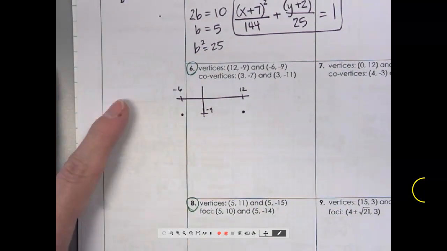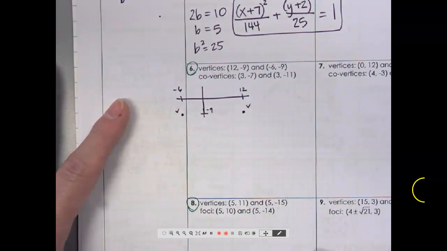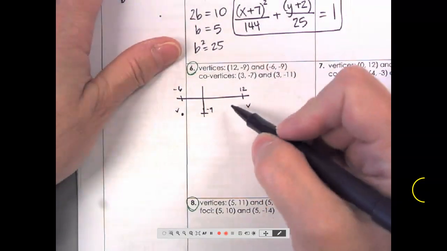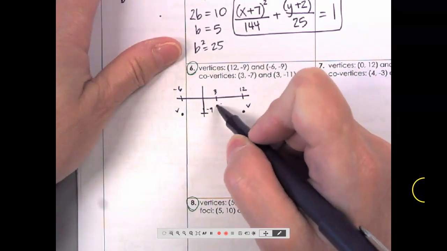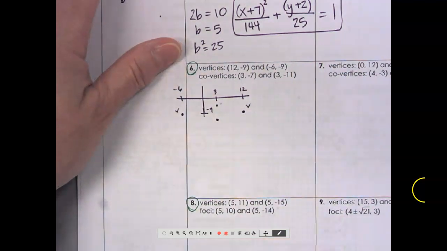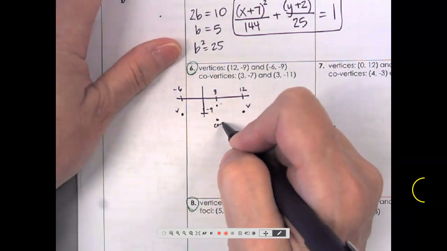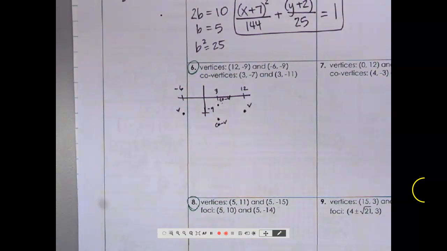Those are the vertices. And then the covertices will be 3, -7, and 3, -11. So I have vertices left and right, covertices up and down.